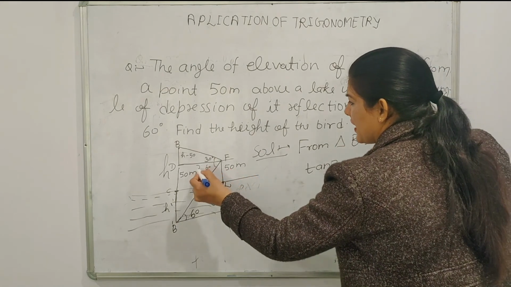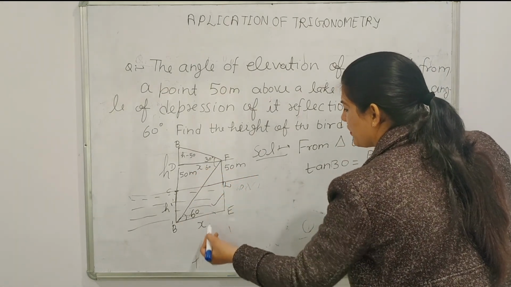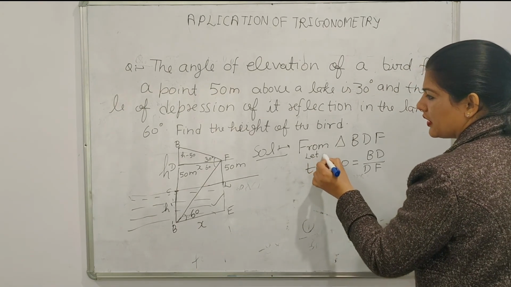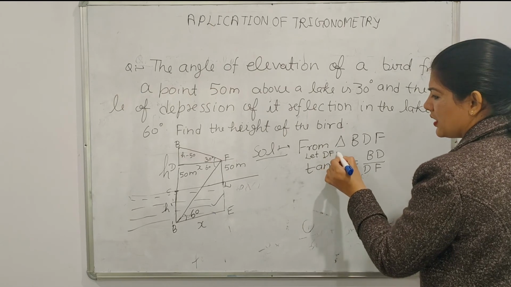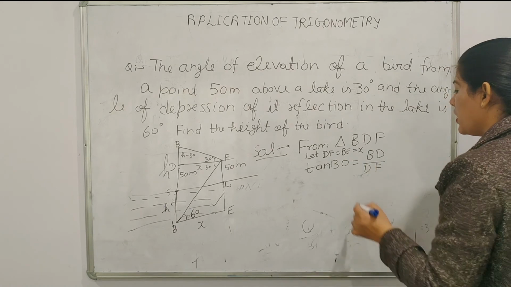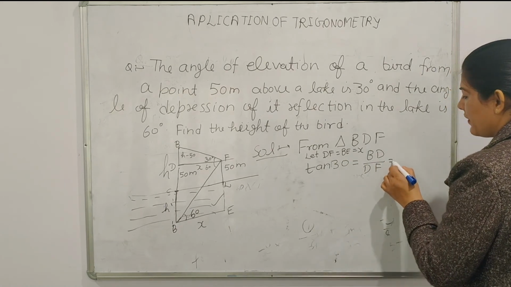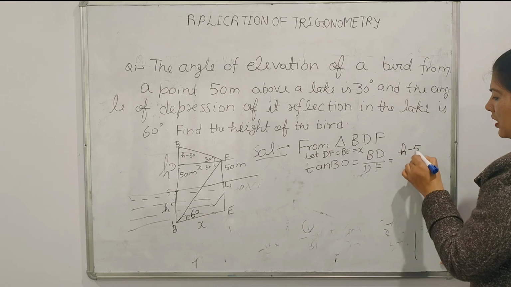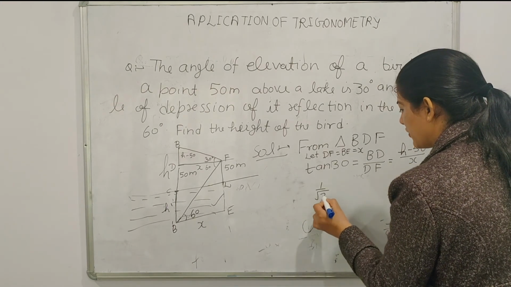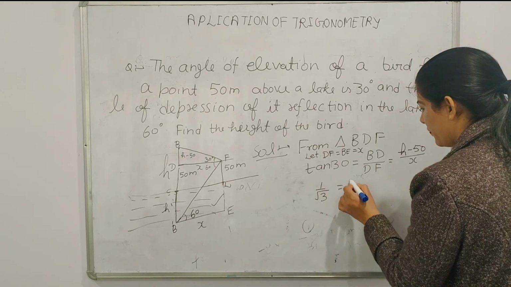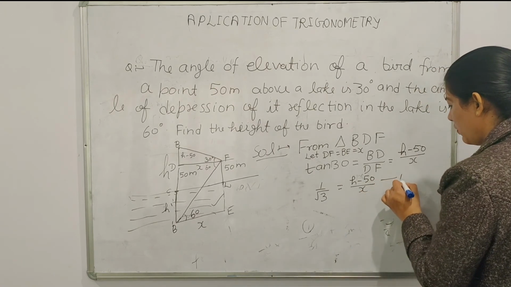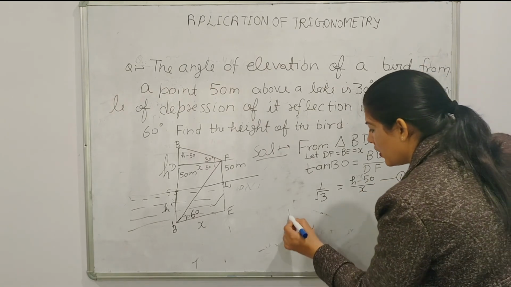Suppose DF is X, then BE is also equal to X. So let DF equal BE equal X. So tan 30 is equal to, what is the value of BD? h minus 50 upon X. So this is equation 1: 1 upon root 3, the value of tan 30, is equal to h minus 50 by X.